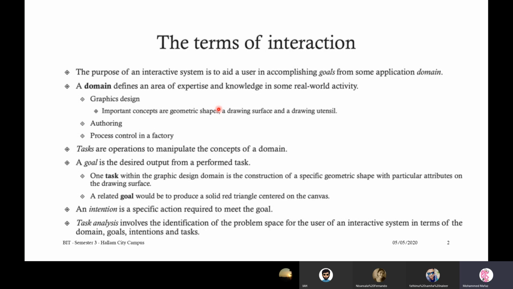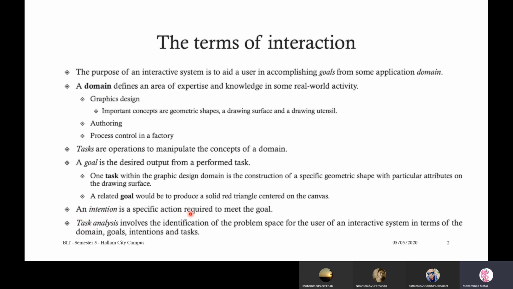So this is how you understand task and how you relate it to a goal. So goal is basically the ultimate thing, the end point, what you need to achieve. So task is something that takes you towards the goal, and domain is where you perform the tasks. So it's the environment where you perform the tasks, right? Then apart from that, an intention.